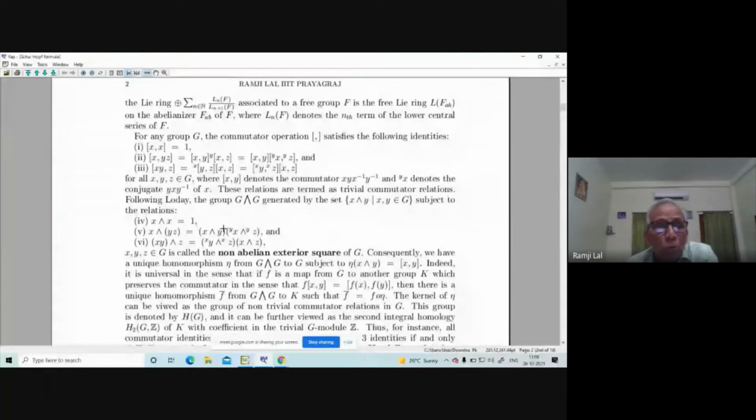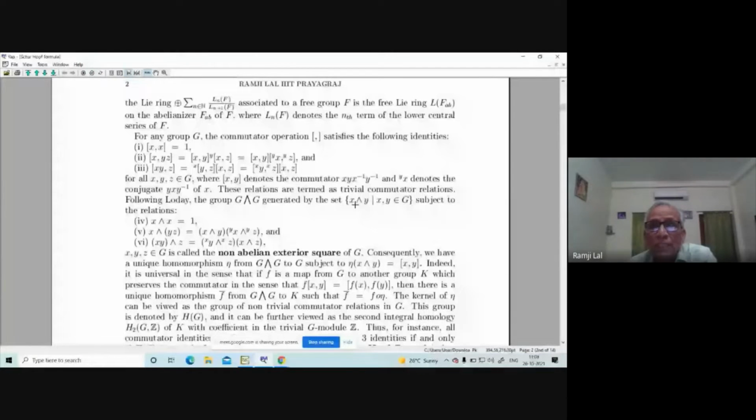Now, following Lode, indeed, Lode introduced this concept with some topological problems. The group G cap G is generated by the symbols x cap y.